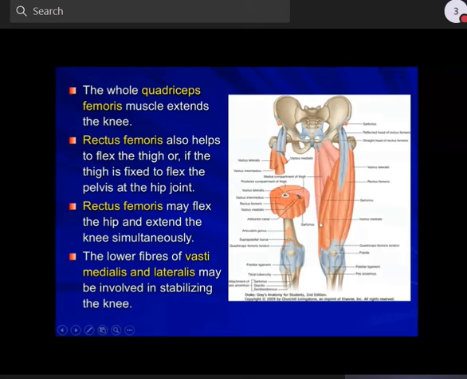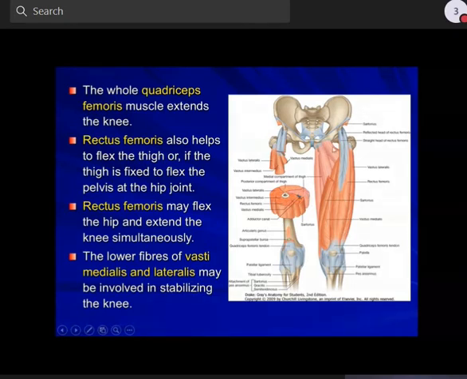The gracilis is the only adductor extending below the knee, and it contributes to the pes anserinus superficialis. Somewhat deeper is the adductor brevis in the middle layer, and the deepest one is the adductor magnus.